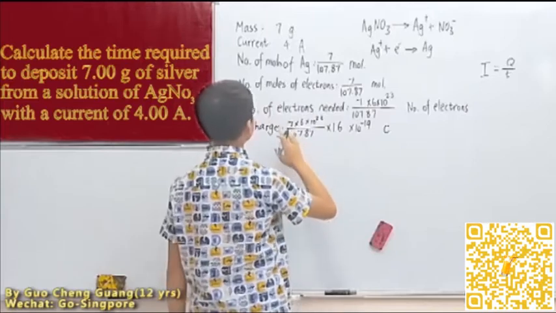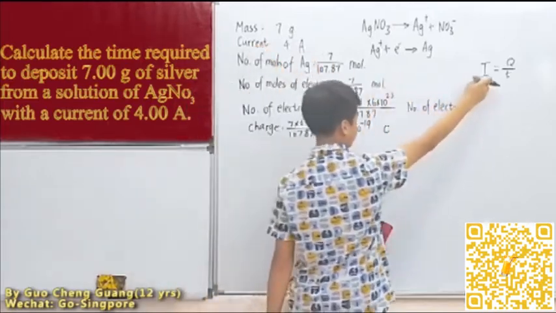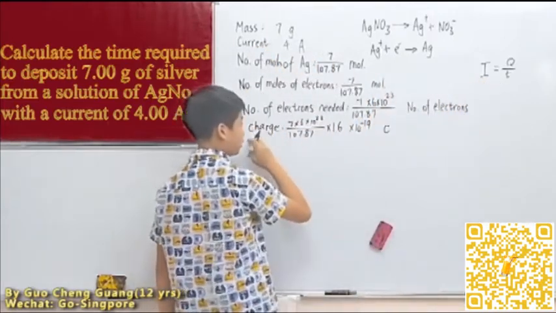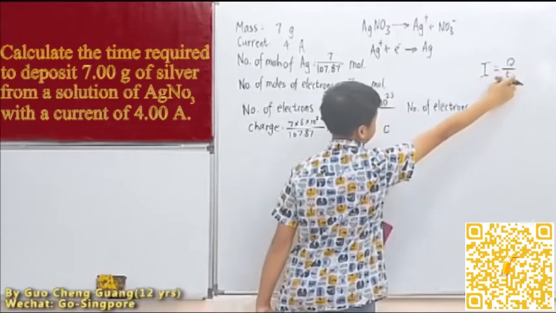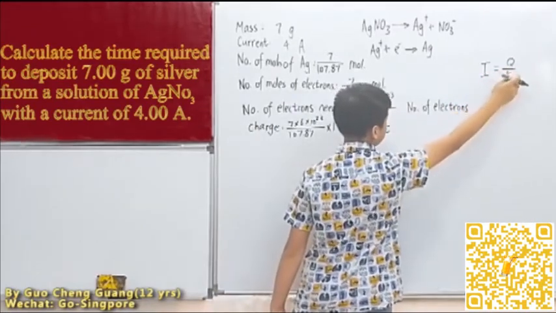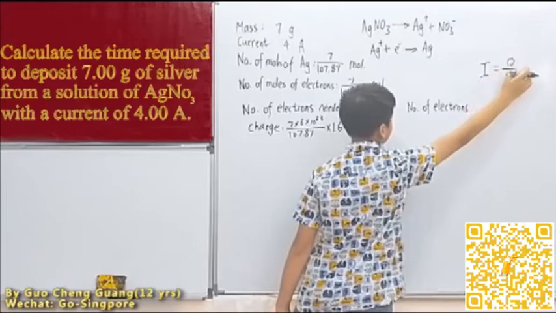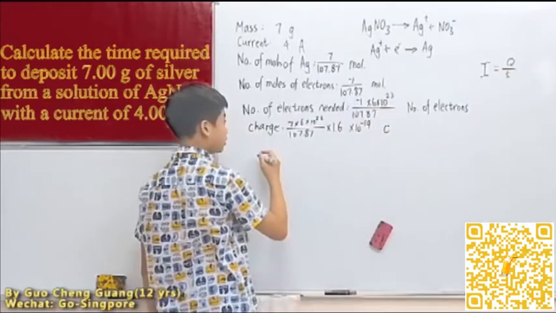You're given the current, and you have found the charge, so when you find the time, time will be charge over current.